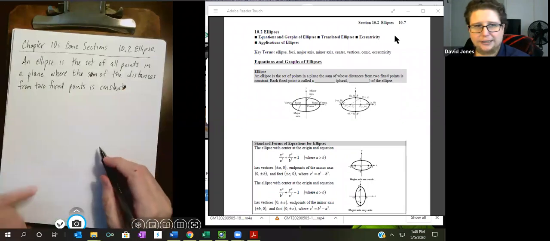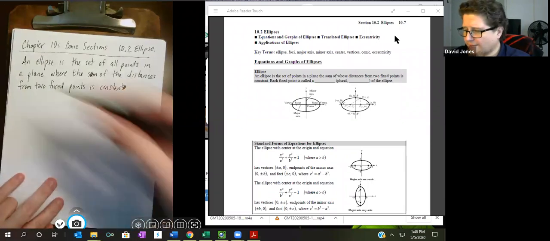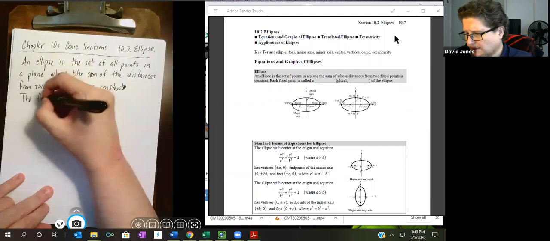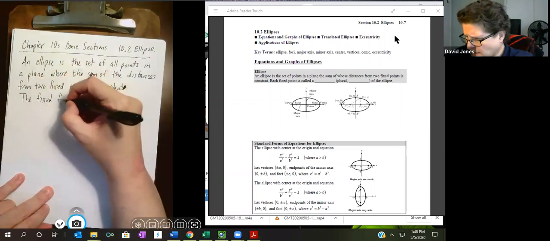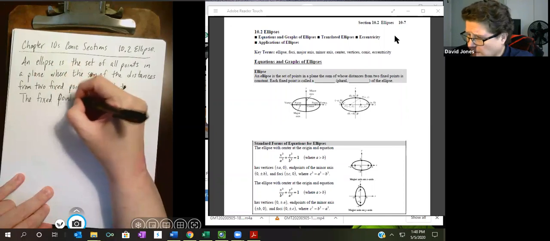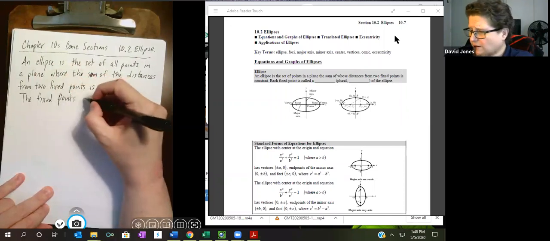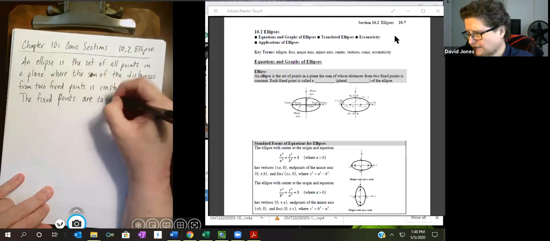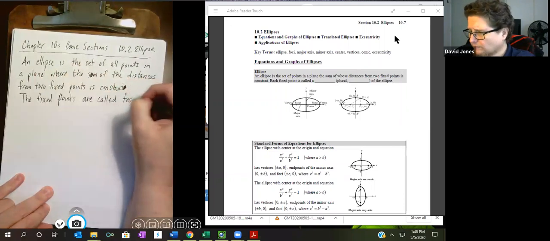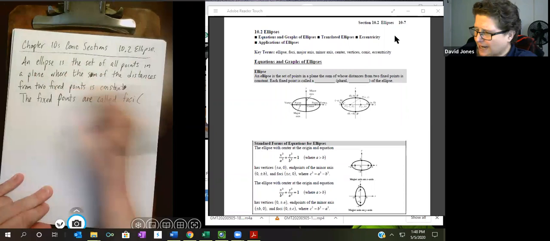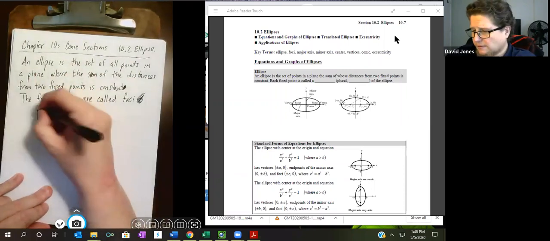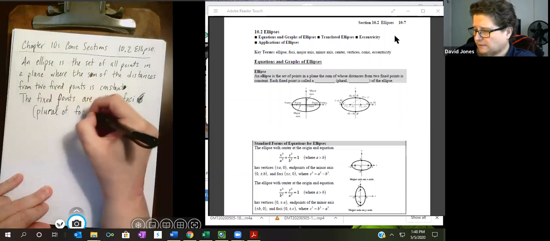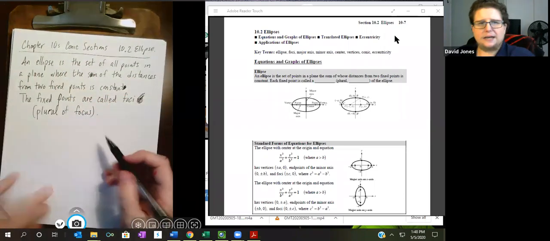It's unchanging. The fixed points are called foci, and that's plural of the word focus. So ellipses have two focus points.